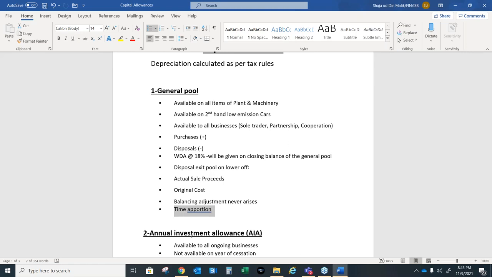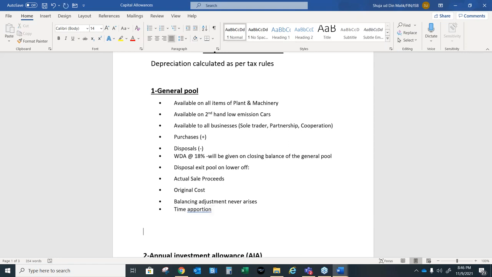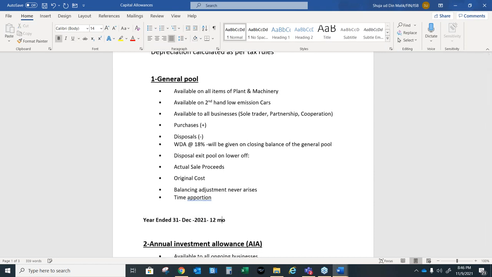But here we need to understand that if the business has a year ended 31st December 2021, it means that the accounts are prepared for 12 months. When the accounts are prepared for 12 months, there will be no time apportionment. We don't require any time apportionment when the period is equal to 12 months or it says year ended.